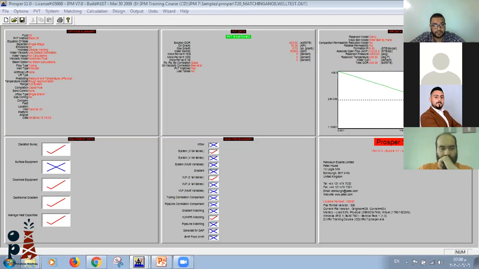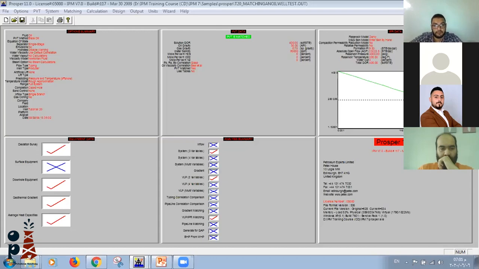So Balash is asking about what is the meaning or the definition of superficial velocity. Yes, superficial velocity is the velocity of the fluid if, for example, as I said, when you are measuring the velocity of the mixture moving along the wellbore, you are measuring the mixture velocity.